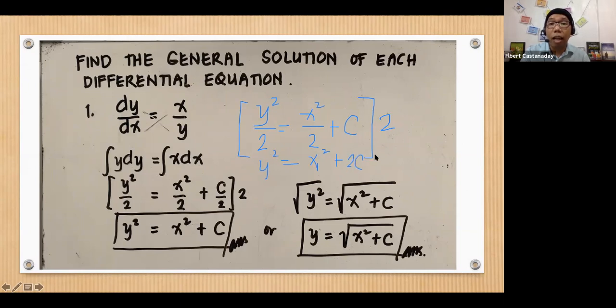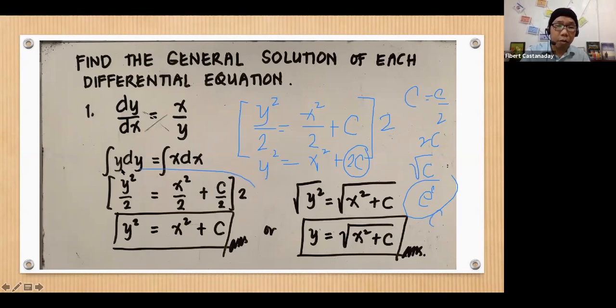So again, I said that this term right here, c could represent any value, right? So it can be c over 2, 2c, square root of c, e raised to c. So you can always replace that as c in your final answer.